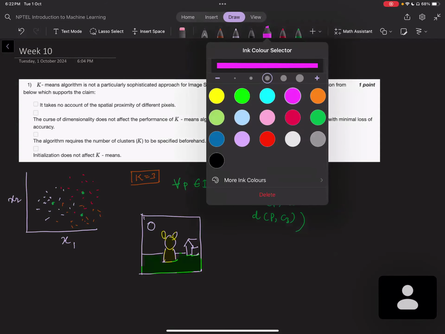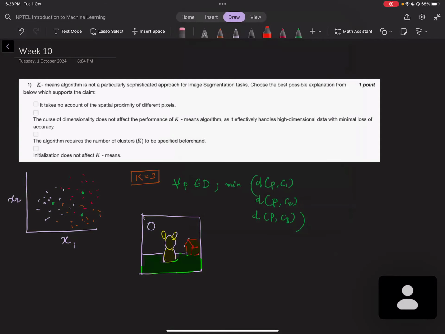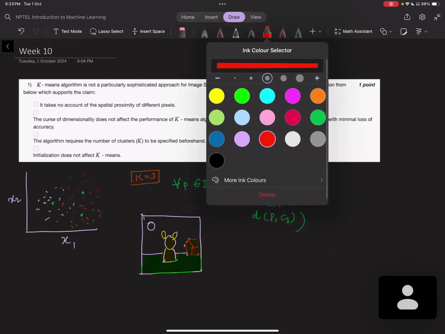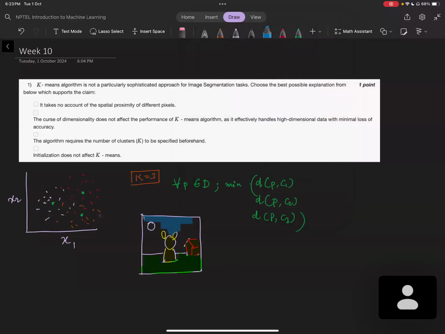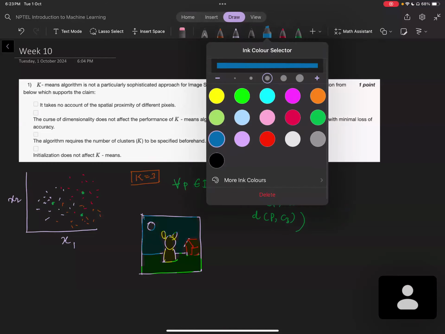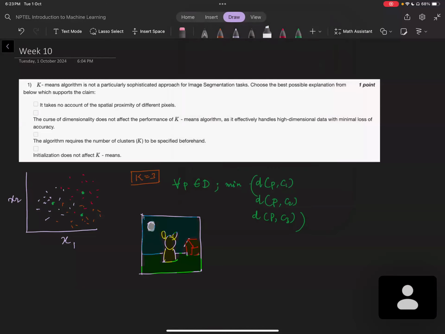Similarly, there will be segmentation for the house, and for the sky, which will be a different segment for the algorithm, and finally the sun would be another segment.